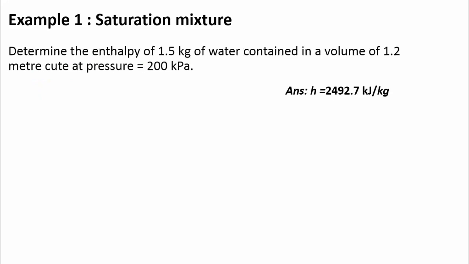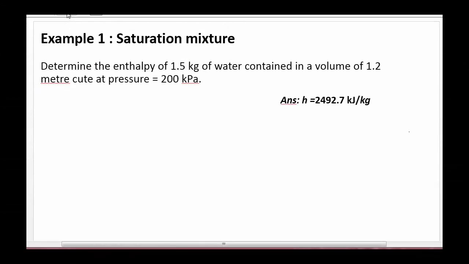Okay, now we're going through example 1. So how do you solve example 1? Let us define the state. Do you have pressure? Yes. Do you have another intensive property? Nope. Mass doesn't give you, volume doesn't give you, but the volume divided by mass gives you specific volume.